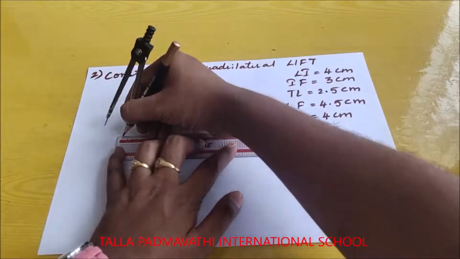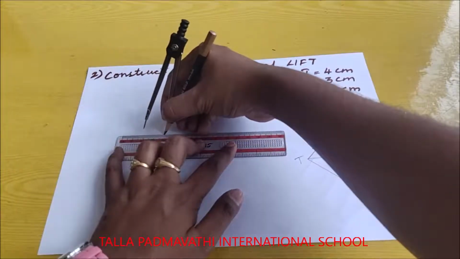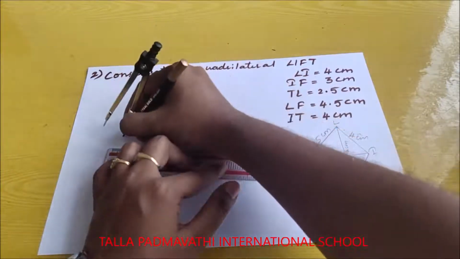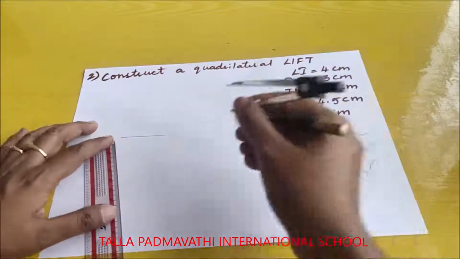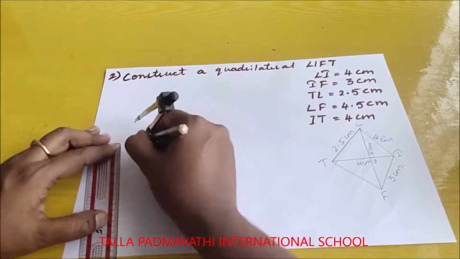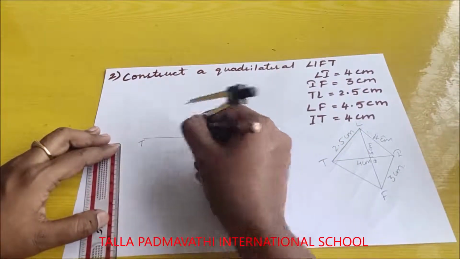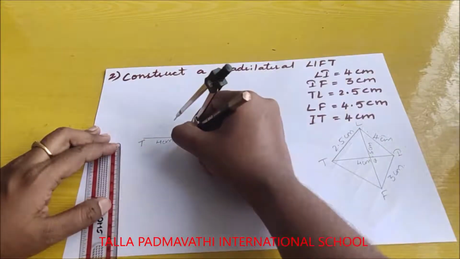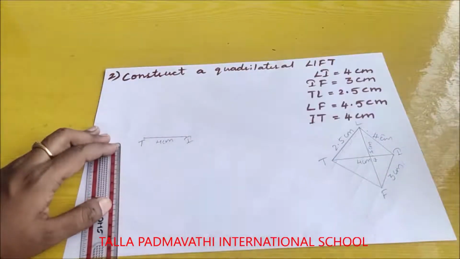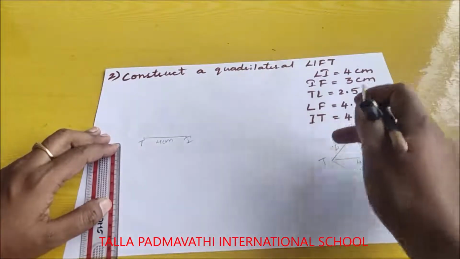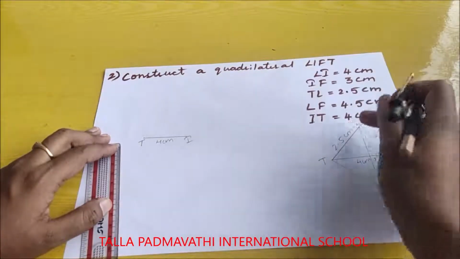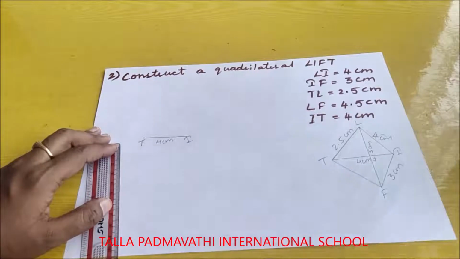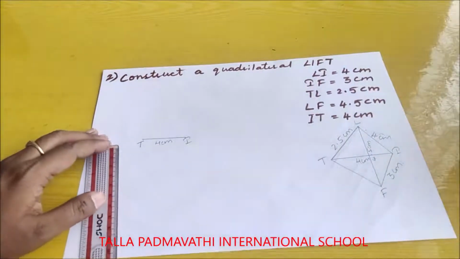So this will be your TI, that is 4 centimeters. Now see here, children, if you see LI and LT, here we are having 2.5 centimeters and here we are having 4 centimeters.